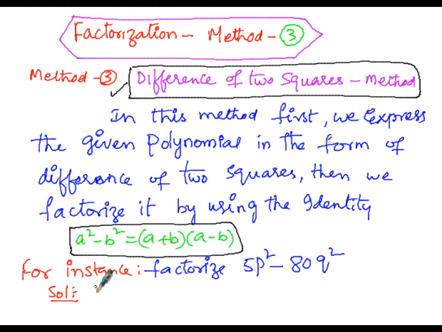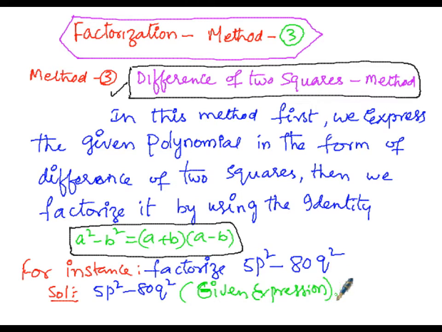The given expression is 5p square minus 80q square. So this is our given expression. Then in order to factorize it, we have to write the two terms given in the expression as perfect squares. So I am going to take 5 as common in the given expression.